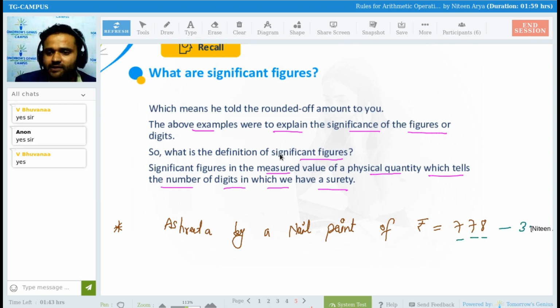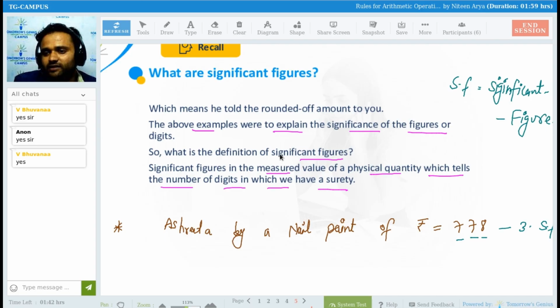I am going to write significant figure as S.F. In this particular class, S.F. means significant figure. Keep it in your mind. Wherever I write this S.F., it means significant figure. So suppose Ashrita buys a nail paint of this price.